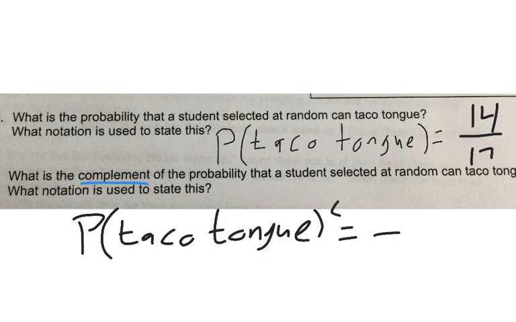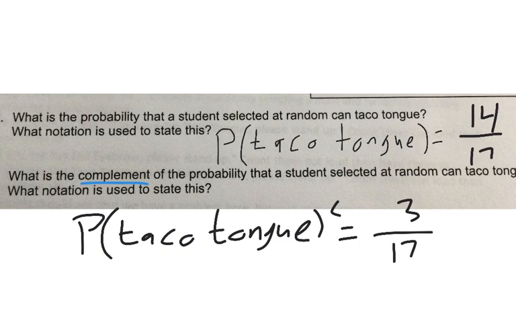That means out of the 17 people still in the universe, what's the complement to the ones that can't taco tongue? Or in other words, what are the ones that can't taco tongue? 3 out of 17. Because sometimes it's harder to think about it with a not. You'll see we're going to have some more complicated questions later where it's harder to think about it with the word not instead of complement.